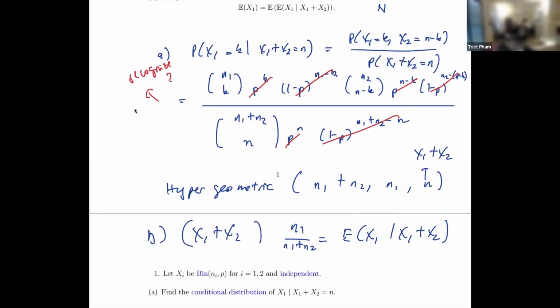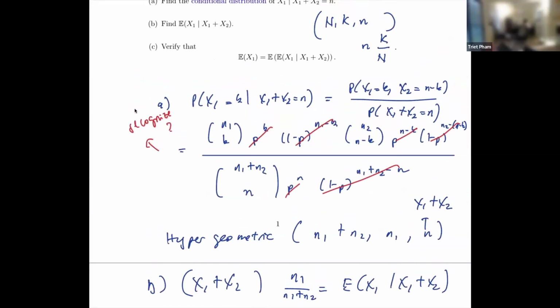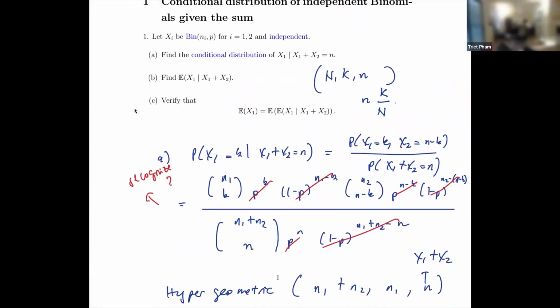Okay, so now part C asks you to verify the formula. Again, this has a taste of convincing you that the law of total expectation works. It doesn't have a taste of, okay, this is a good way to find the expectation of x1, because you already know the expectation of x1 is n1 times p.